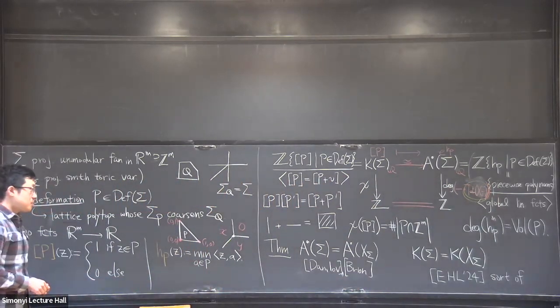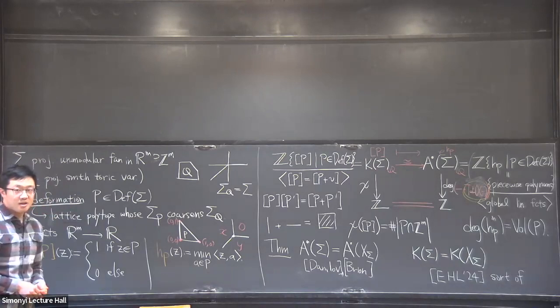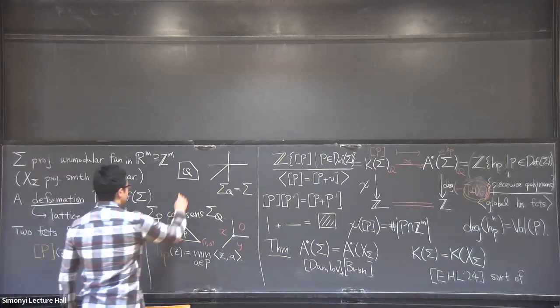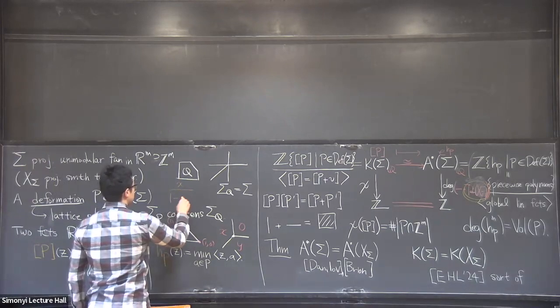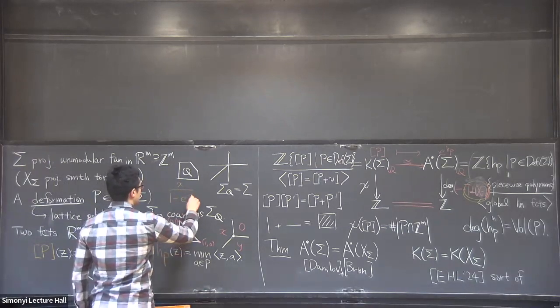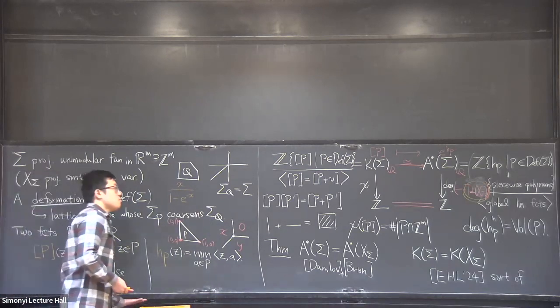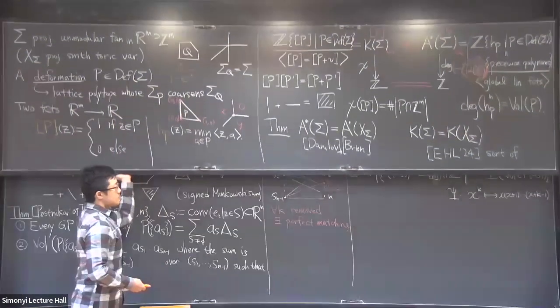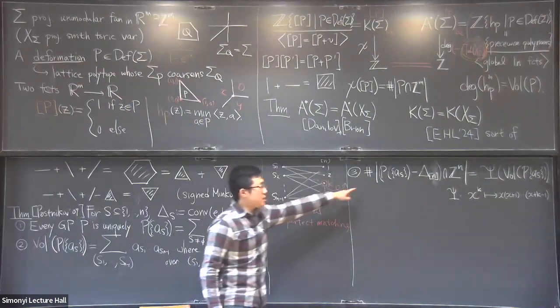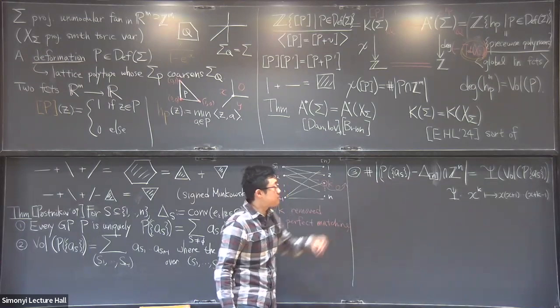But combinatorially, this is a bit of a nightmare to use. Simply because if you want to actually compute with the Todd classes, you end up writing something like x over 1 minus e to the minus x. Then Bernoulli numbers start showing up, and at least I find it somewhat painful most of the time. For instance, I do not know how to get this lattice point count result in terms of the volume.